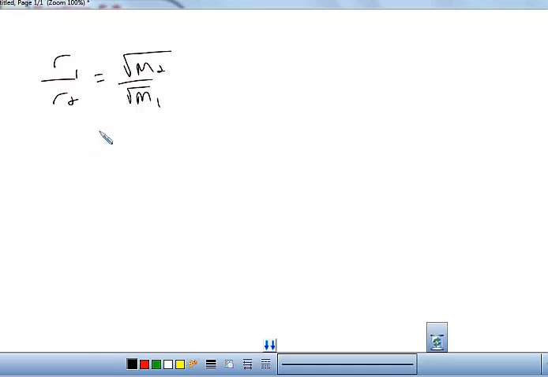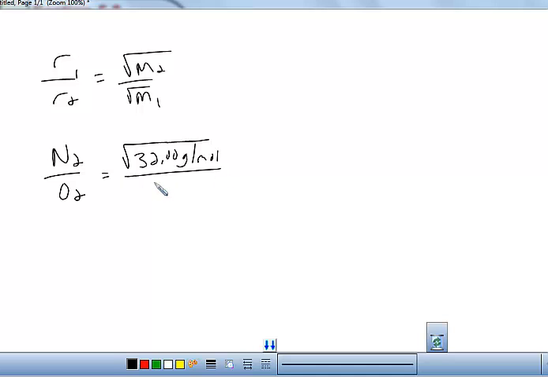Now we're talking about oxygen and nitrogen, so we're going to say, what's the rate of nitrogen to oxygen? So we're taking the square root of O2, because these two go together, just like R2 and M2, they go together. So O2 would be 32.00 grams per mole. The N2 would be 28.02 grams per mole.